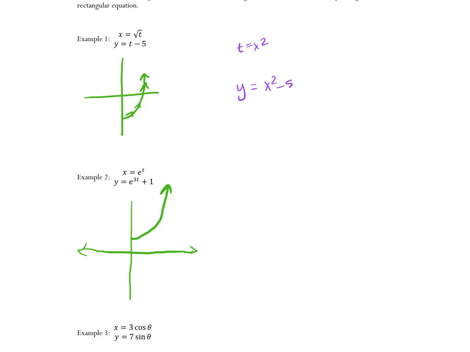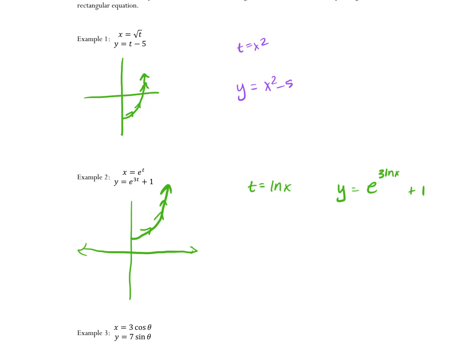And then the orientation for this should have gone this way too, yeah. Okay, so, as I'm looking at that, if I try to get the t by itself, I would end up with t equals the natural log of x, yeah? Yeah, that's what I tried. Okay. And then what would happen is y would equal e to the 3 ln of x plus 1? No, plus 1 here, yeah?